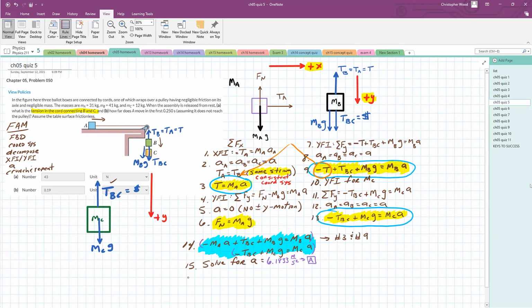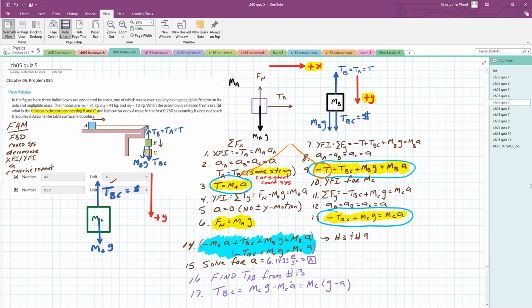Now that we know acceleration, find TBC from number 13. So number 13 says TBC equals MCG minus MCA equals MC times G minus A. Is that right?